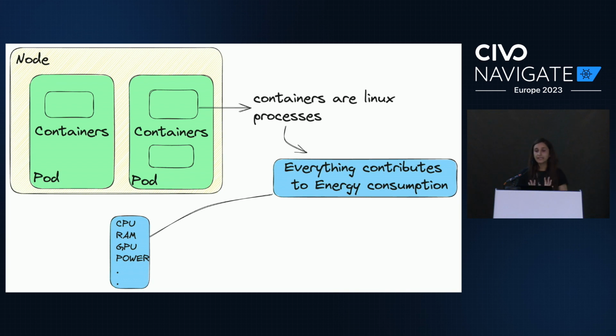So everything that is running at the kernel level contributes to energy consumption. As you know, containers are Linux processes, and Linux processes run with their namespaces, and they also contribute to energy consumption. Whether it is CPU, RAM, GPU, everything that is running leads to energy consumption.